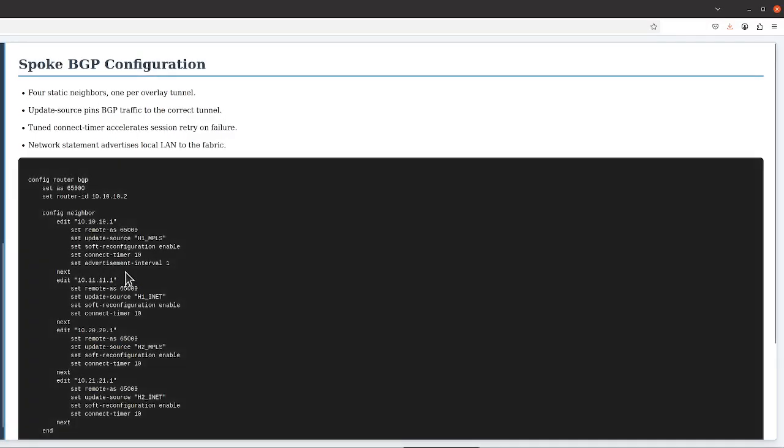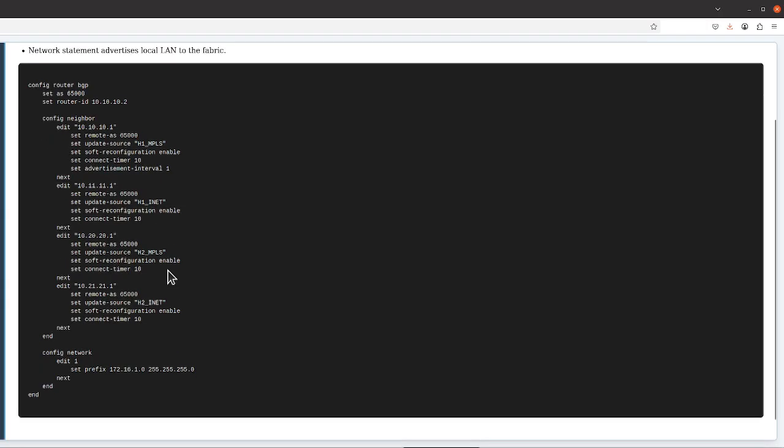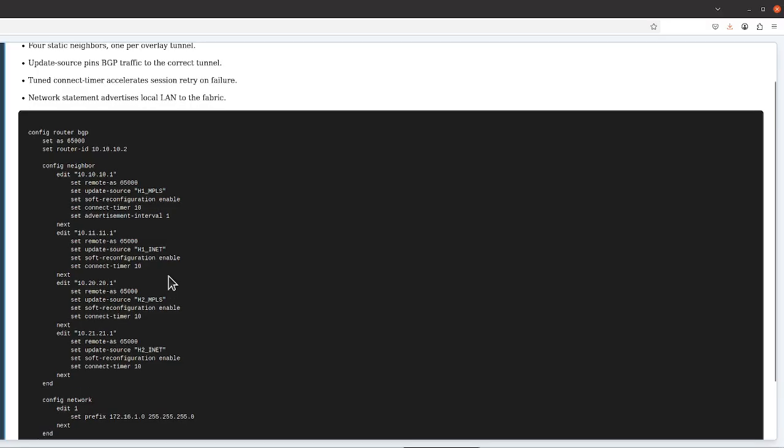Spoke BGP configuration. The spoke BGP configuration is more explicit than the hub configuration because the spoke knows exactly which peers it needs, whereas the hub accepts a dynamic population. The spoke defines 4 static neighbors, 1 per overlay tunnel.